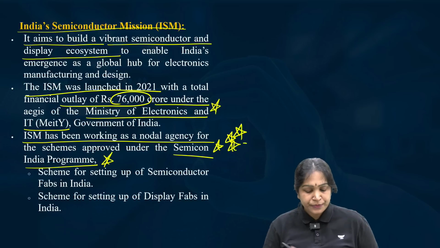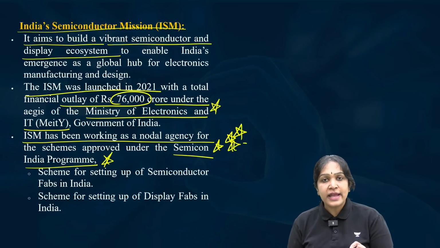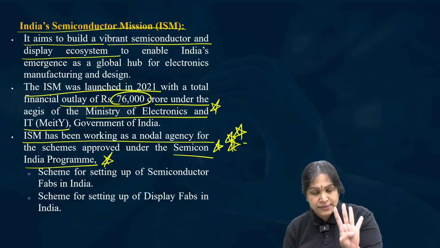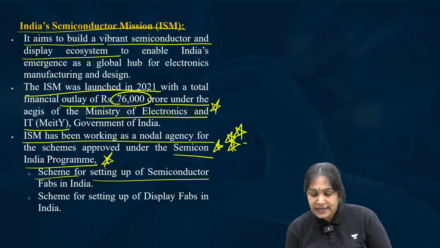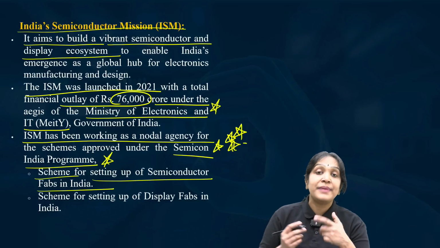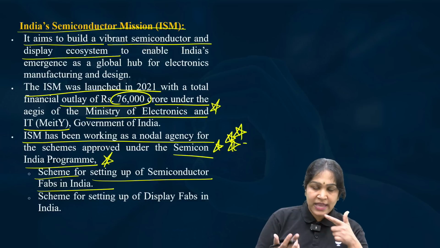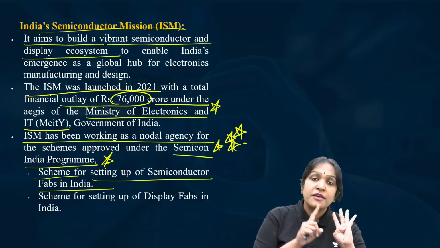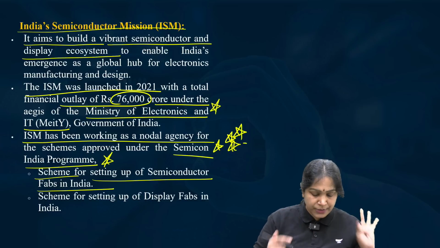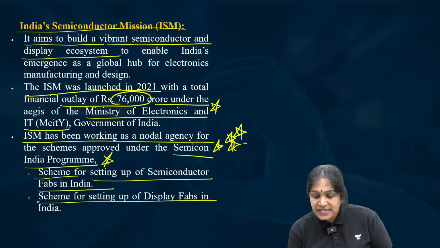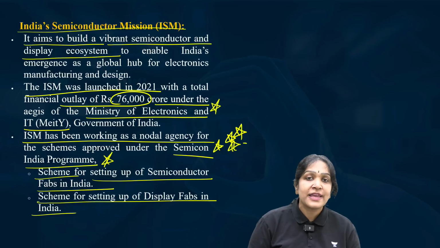Very important. The Semicon India program will have 4 schemes. What are they? Scheme for setting up semiconductor fabs, that is, fabricating or manufacturing units in India. Scheme for setting up display fabs. What are the display units?